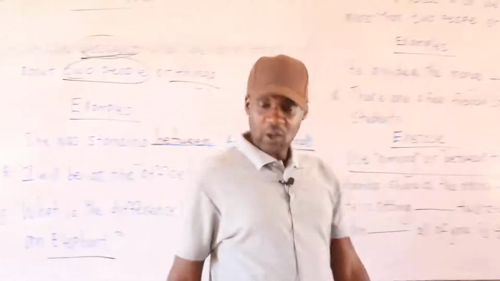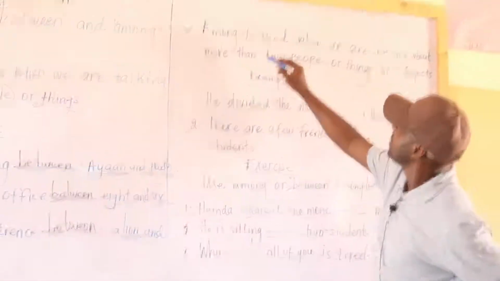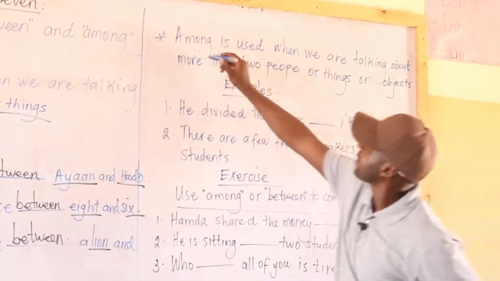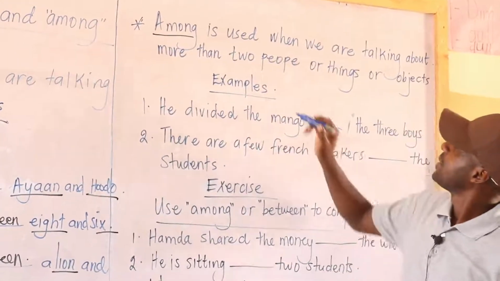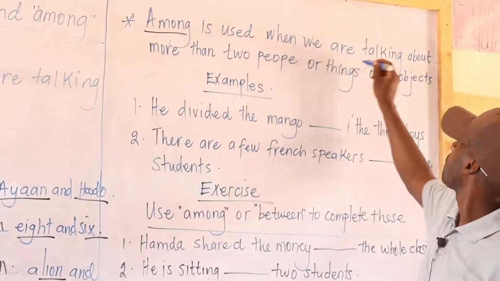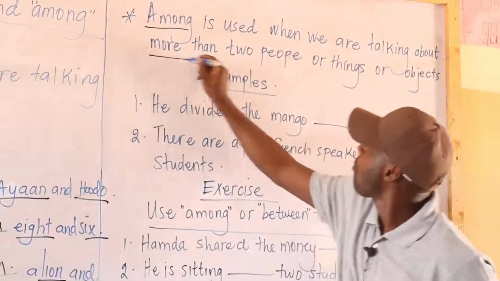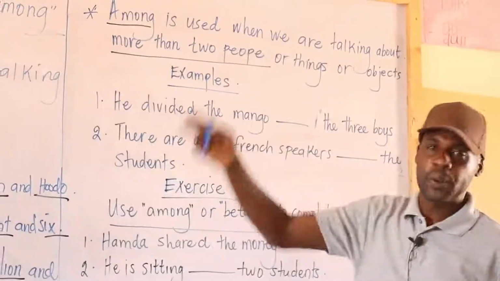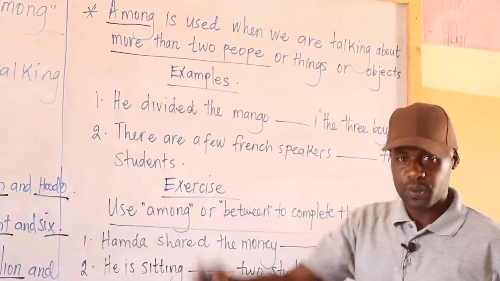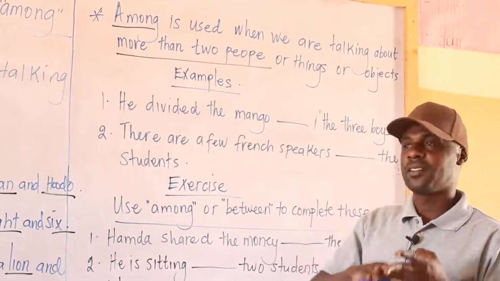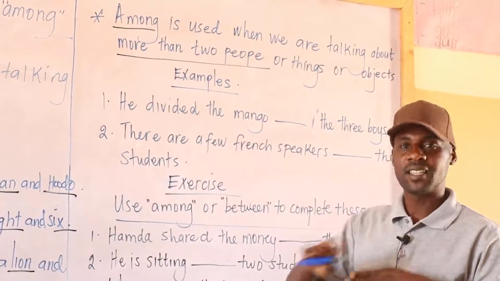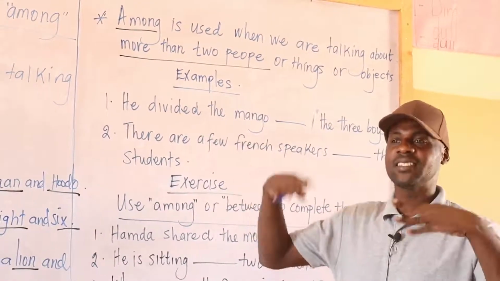Now let's go to when do we use among. When are we supposed to use among? This one is used when we are talking about more than two people, more than two people or things. It can be 3, 4, 5, 6, 7, 8, 9, 10.